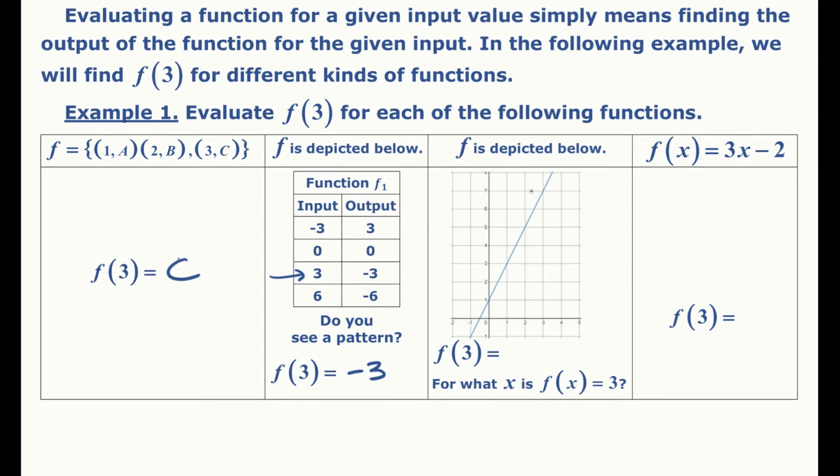Then we want to go straight left till we hit the y-axis, and right there we'll see that this point right here on the graph of this function corresponds to the pair 3, 7. So when the input is 3, the output is 7.